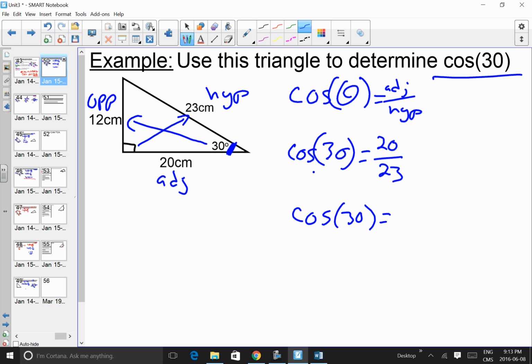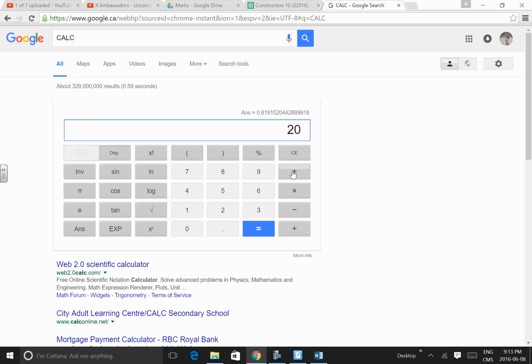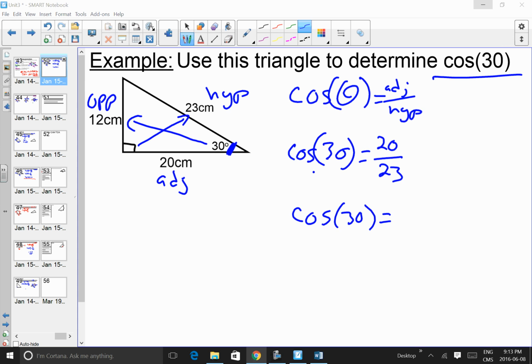So using this triangle, cosine of 30 would be 20 divided by 23, about 0.87.